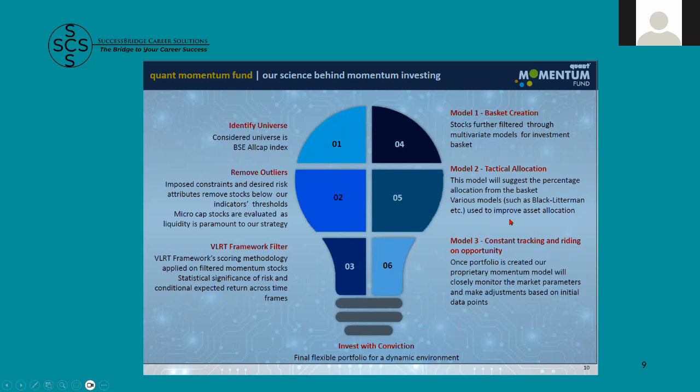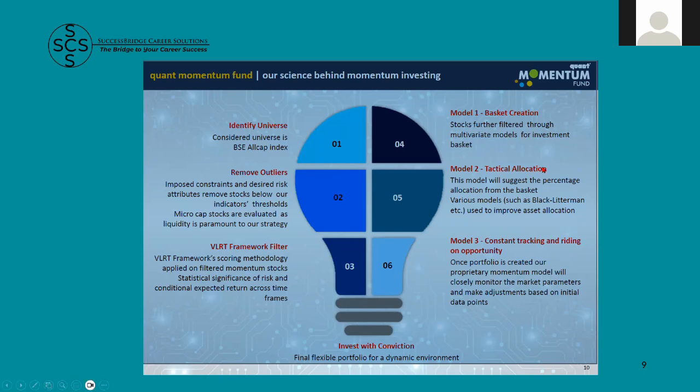Then you do an allocation, as I said, the weightage scheme: how to allocate the money across the stocks in the portfolio. Obviously, the rank one stock will get higher weightage, so more money will be invested in the top-ranked stocks, and a lesser amount of money in the bottom-ranked stocks.